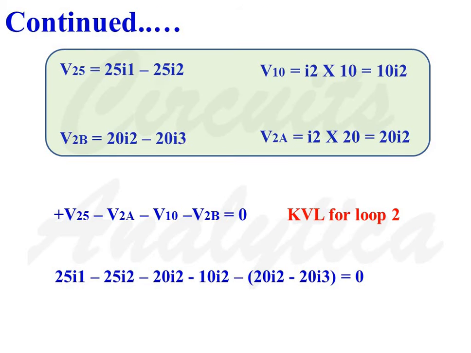So applying KVL for loop 2: 25 I1 minus 25 I2 minus 20 I2 minus 10 I2 minus (20 I2 minus 20 I3) is equal to 0.